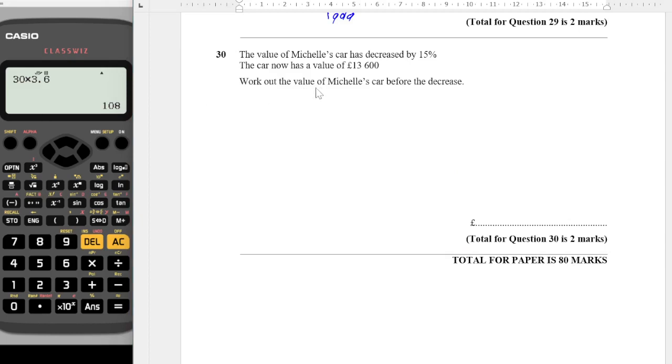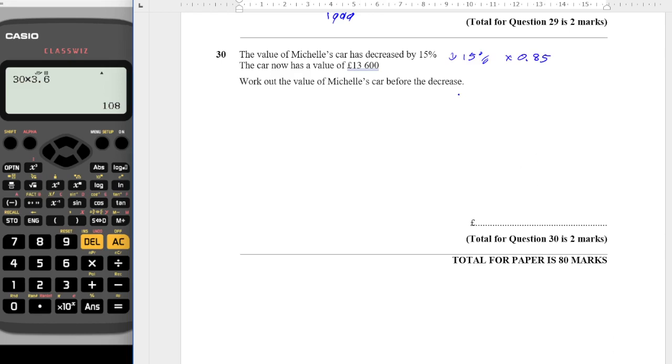Question 30. The value of Michael's car has decreased by 15%. The car now has a value of 13,600. Work out the value before the decrease. So in effect, a decrease of 15% is a multiplier of times by 0.85.